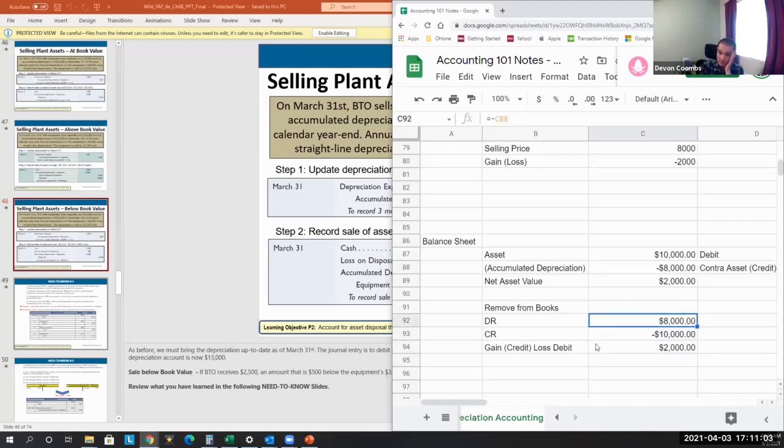Our book value, our net asset value is 2,000, but we're throwing it away. And so we're going to have a loss of 2,000. If we received cash, we'd have a gain. If we received cash of 4,000, we'd have a gain. So that's kind of how we have to balance our entries. Just remember, there's 2 sides of this entry. There's the disposal of the asset, and then if we receive cash or not.